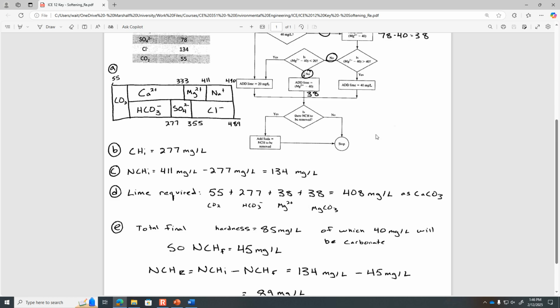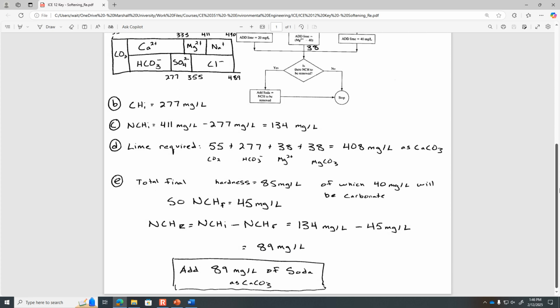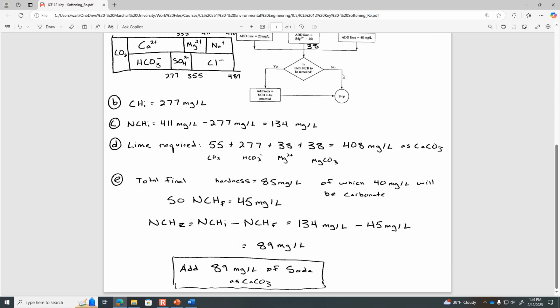If we're going to figure out how much of the non-carbonate hardness we're trying to remove and find out how much soda should be added, it's going to be 89 milligrams per liter of soda, because the initial non-carbonate hardness was 134, and then the final amount of non-carbonate hardness that we can leave in intentionally is 45, because 40 milligrams per liter is going to be there regardless of what we do.